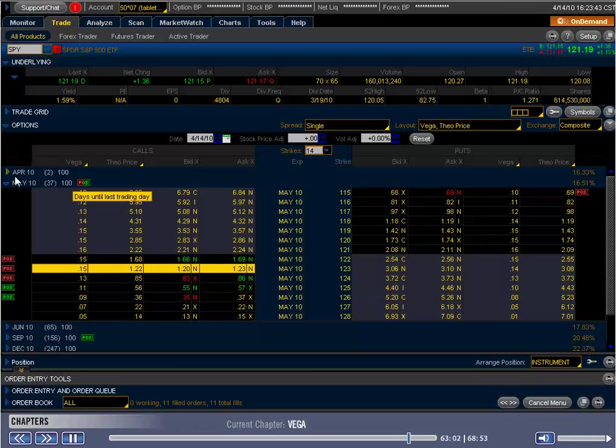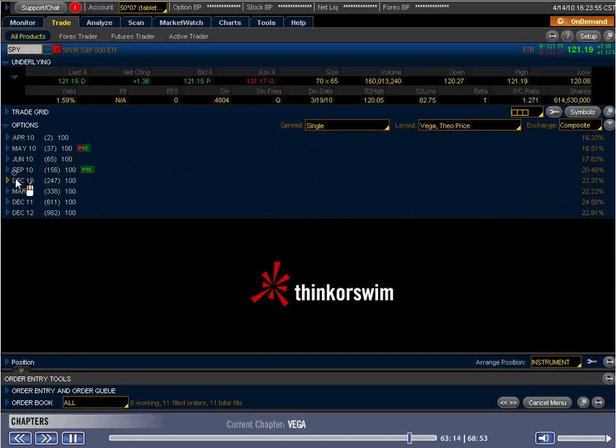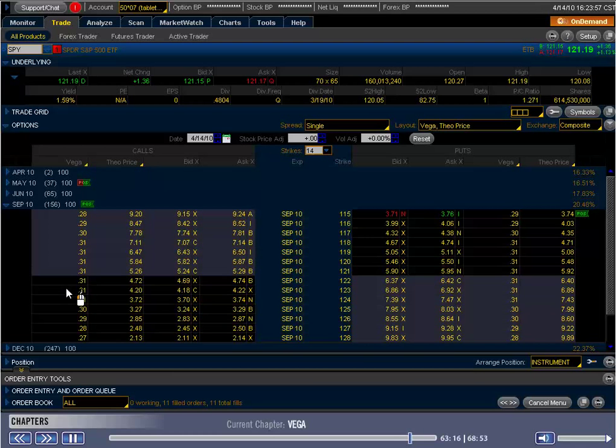So if I were to look at the April expiration, there is little or no volatility risk inherently in an option that is close to expiration. Whereas the further out I go in time, if I go all the way to a September option, you'll see that I've got 31 cents of volatility risk.